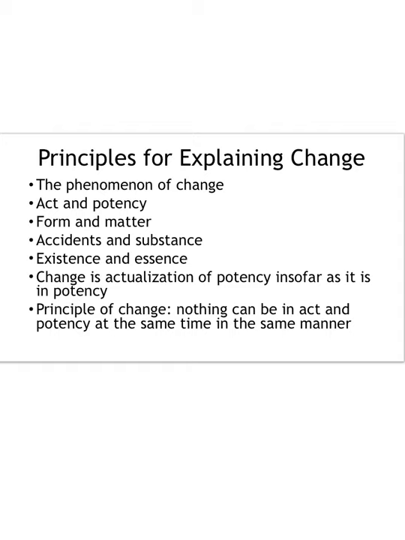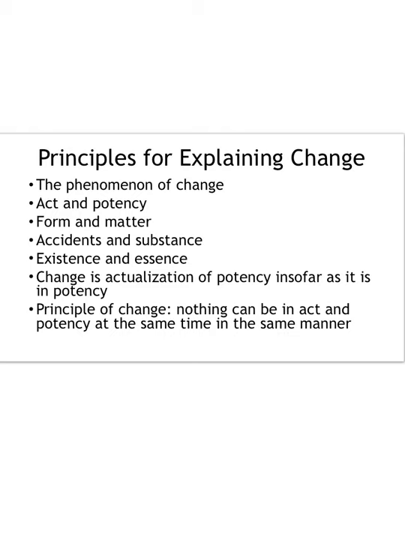All right. So if then we take those and we apply them to these different ideas here, the principles we can apply to all different types of things. Form and matter you should recognize from those kinds of causality, formal and material causality. So, back to the desk. Without the form of the desk, if it's just a pile of wood, plastic, and metal, it's just a desk in potency.